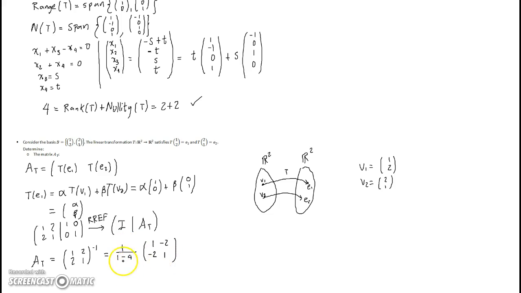There's going to be a negative 1/3, so whenever you multiply everything out, it's going to be negative 1/3, then 2/3, 2/3, and negative 1/3. And that is the matrix AT that we wanted.